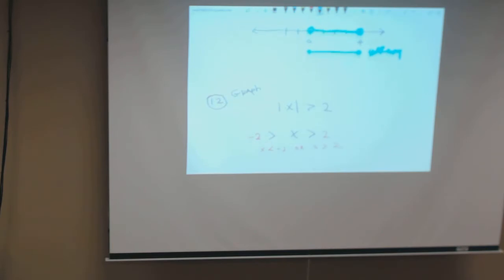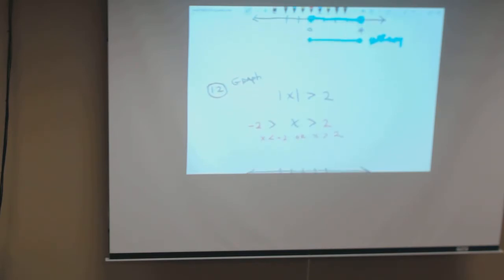Number 12. Graph the solution set of the absolute value of x is greater than 2. So I just put x here and then go greater than 2, put 2 and negative 2. Same process again, but see, 2 is not less than negative 2, so you can't really read it. So what it really comes out to say is x is less than negative 2 or x is greater than 2.